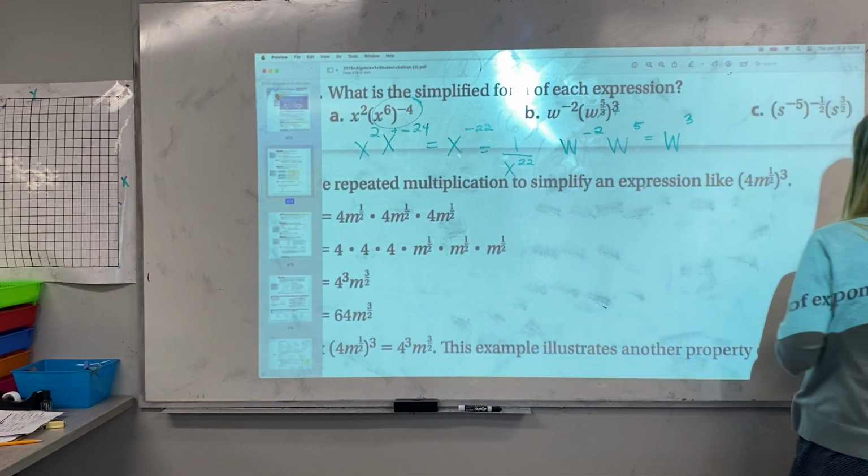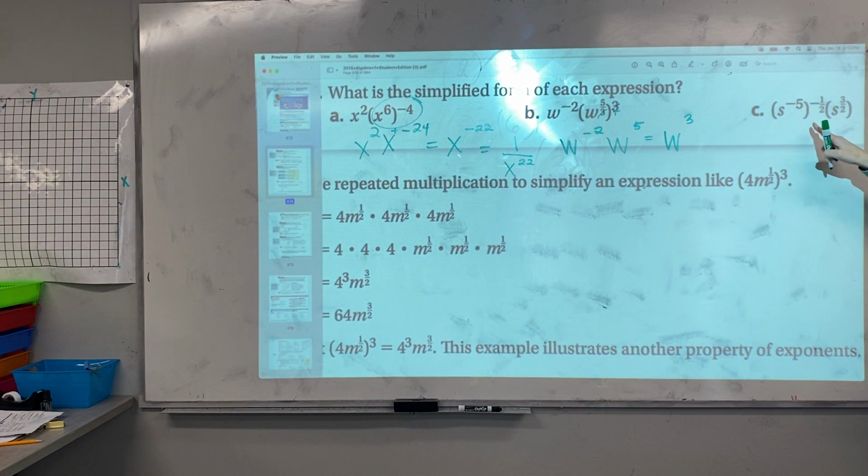And the last one over here, some of you guys got to this. So we have a negative 5 to the negative half power. I'm going to slap that over 1. Multiply a negative times a negative is a positive. So s to the 5 over 2 power times s to the 3 over 2.